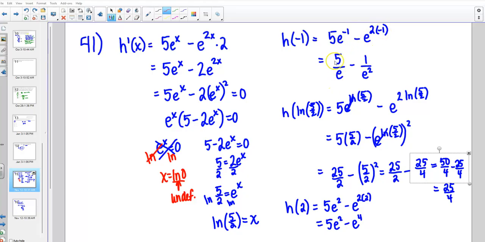I went ahead and changed these back to fractions because it's really hard for me to picture what's happening with negative exponents. So this is going to be 5 over e, and this will be 1 over e squared. And I stopped right there for the moment.